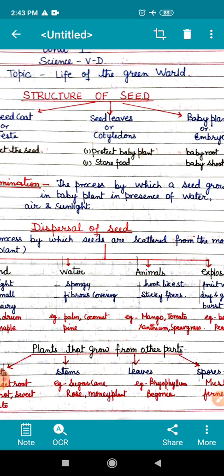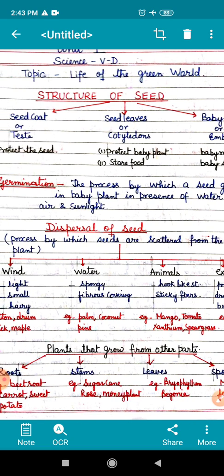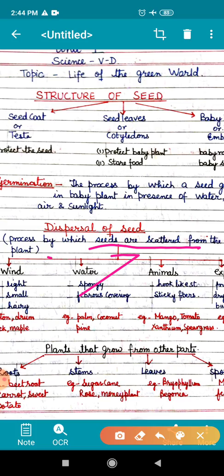Children, so to avoid this overcrowding, seeds need to be scattered properly, and this method is known as dispersal of seed. So dispersal of seed is a process by which seeds are scattered from the mother plant. Okay.